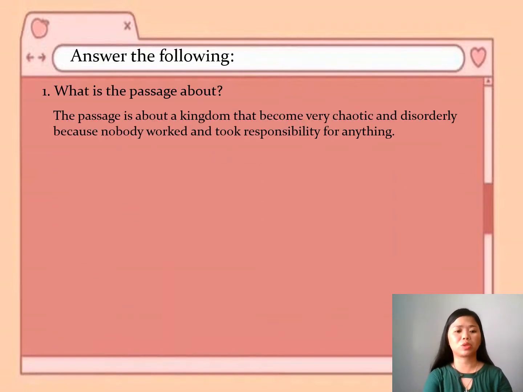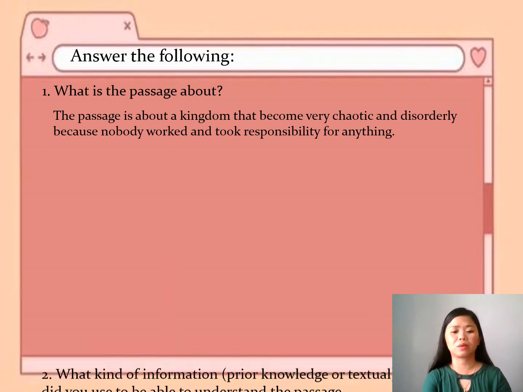Question number one, what is the passage about? The passage is about a kingdom that became very chaotic and disorderly because nobody worked and took responsibility for anything.